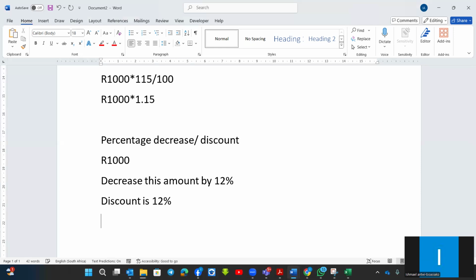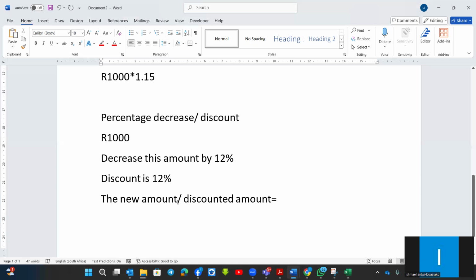So now the new amount, or you can call it discounted amount, after you have deducted that percentage will be calculated this way. Because you are decreasing, we will take out that 12% from the original percentage, which is 100%.